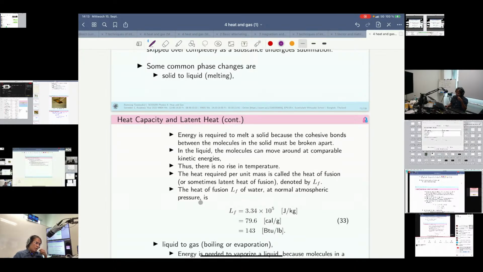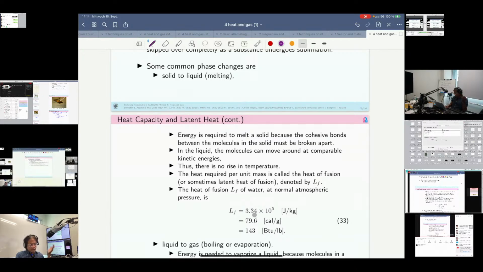The heat of fusion of water depends on the pressure too, right? If you have more pressure, you're going to have more heat of fusion, right?